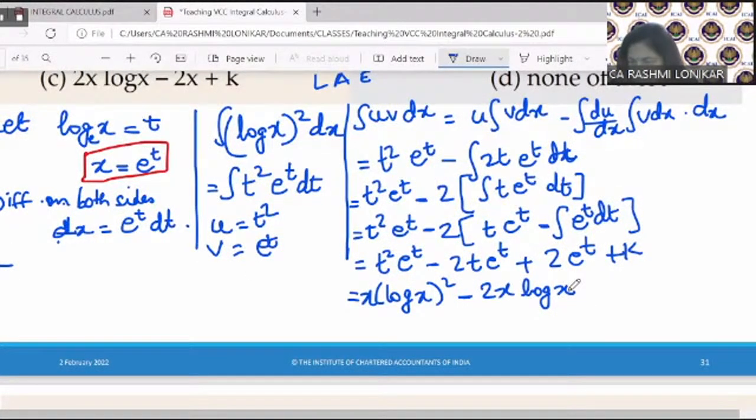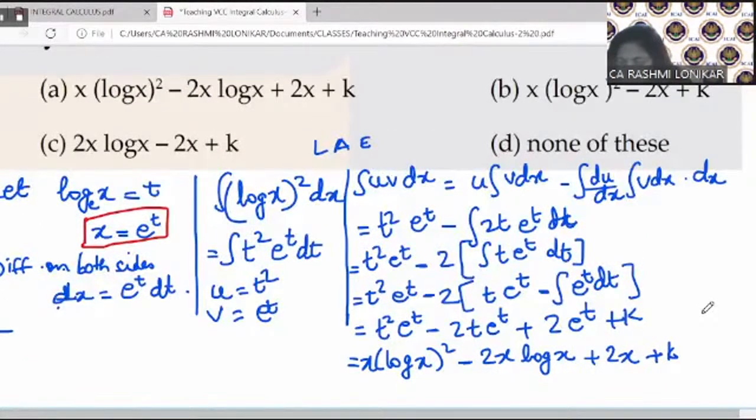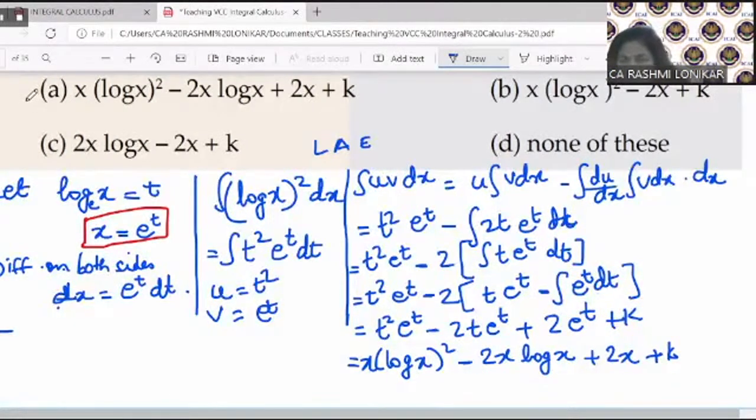So minus 2x log x plus 2x plus k, because instead of e raised to t I am writing 2x. Let us check. x (log x) whole square minus 2x log x plus 2x plus k, right? So A will be the correct answer for question number 16.